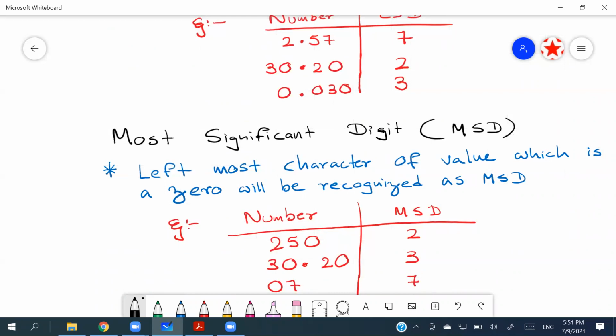Now, before we continue to the conversions in between the number systems, I have to mention to you something about the binary number system specifically.